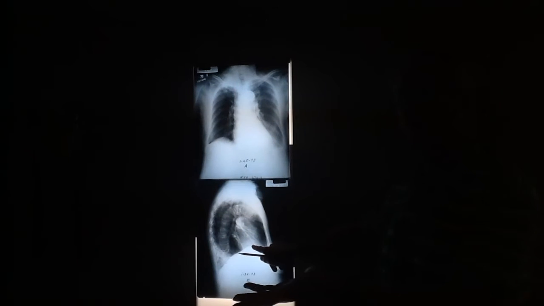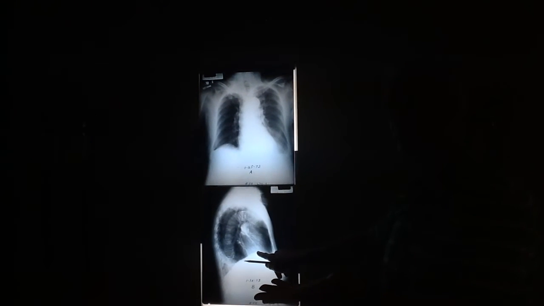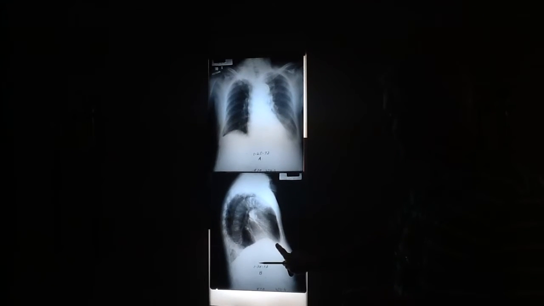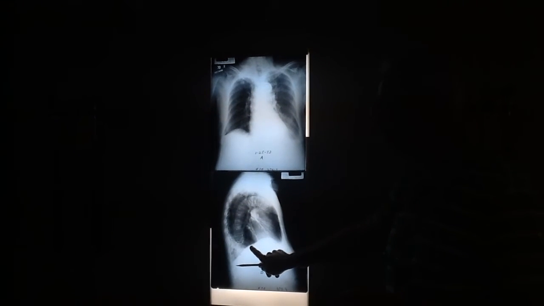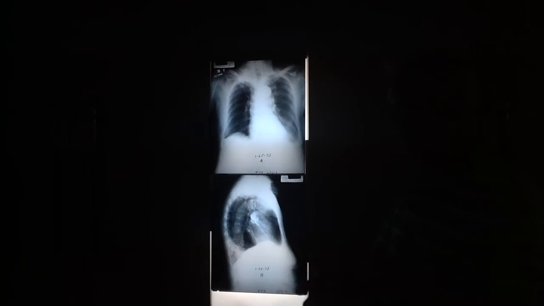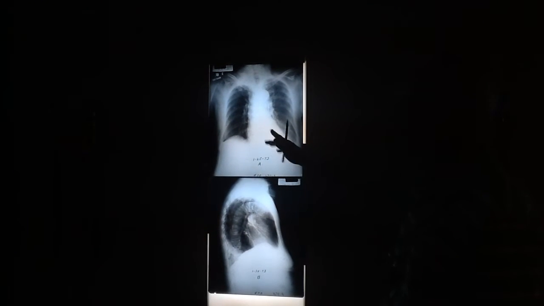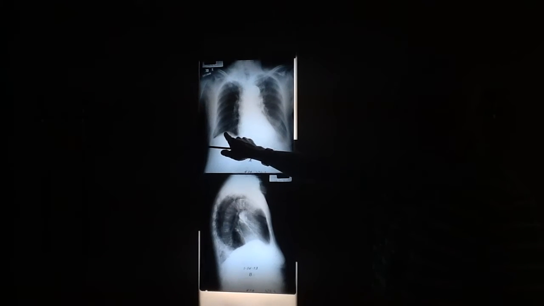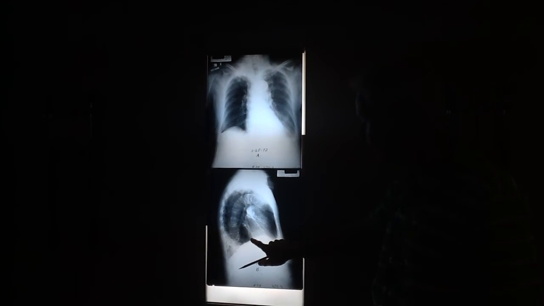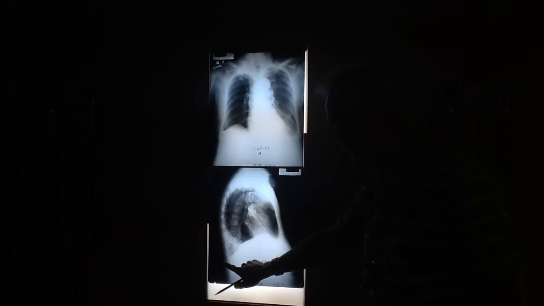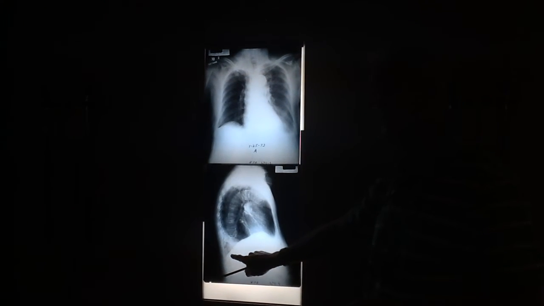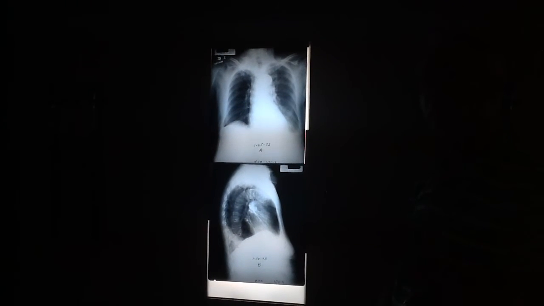What does the left one do at the front? It touches the heart, it runs into the heart, it's a normal silhouette sign. So if you can see the diaphragm clearly over the heart, it's not touching the heart. If the patient has normal positioning, it's not touching the right hemidiaphragm. So this has to be the right hemidiaphragm, which means this is not touching it, which means it has to be on the left side.